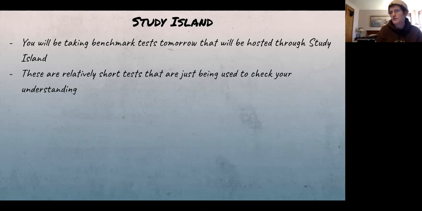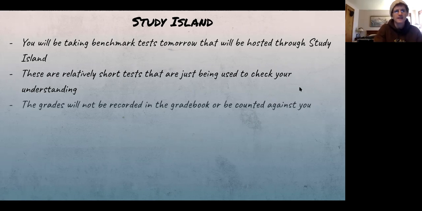It's not actually going to include the midpoint formula and stuff like that, what we just had on our test. So they're relatively short, and the grade that you get is not being used to count against you. I will make it a participation grade just for doing the benchmark, but the grade itself, whatever you earn, doesn't count against you. So just be aware of that.